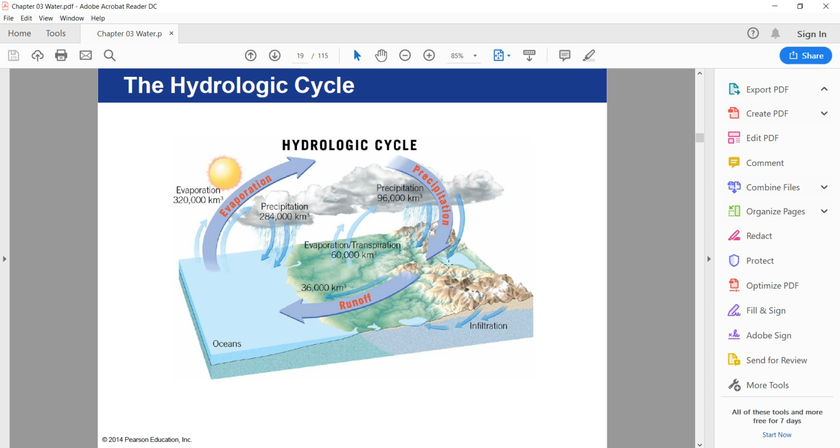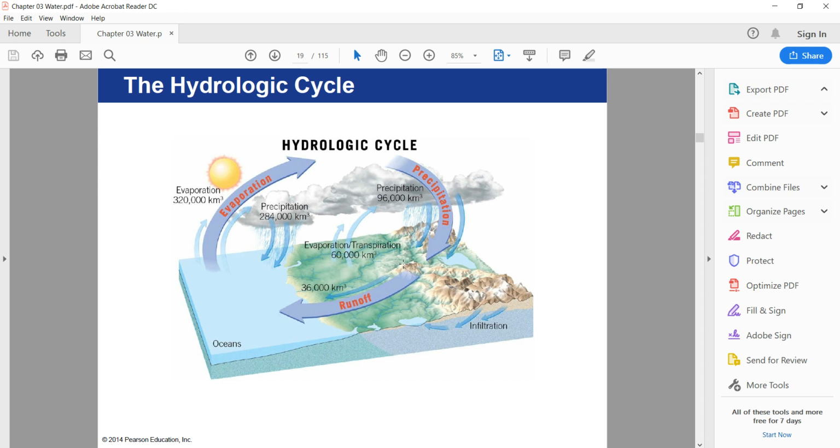But if you go onto the continental landscape, there is less precipitation, and also relatively less evaporation compared to the ocean, because the water is trapped, or sometimes infiltrated, or undergoing runoff.